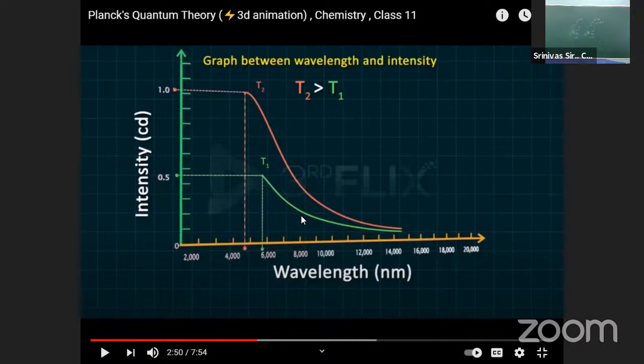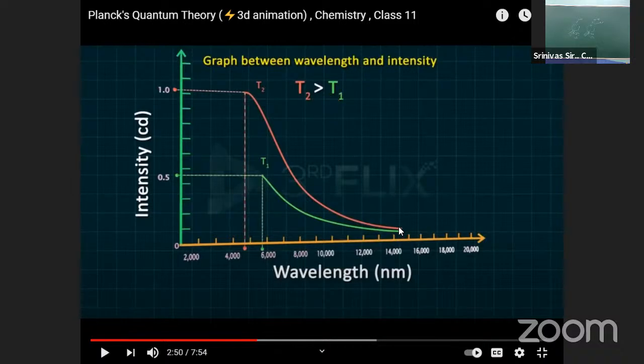Similarly, as the wavelength is reduced further, this is the point where 6,000 nanometers is the wavelength, and at that wavelength this is the intensity 0.5. This is at this particular temperature, and the same experiment is carried out at some more temperature. This is T2. Therefore, T2 is higher than T1.